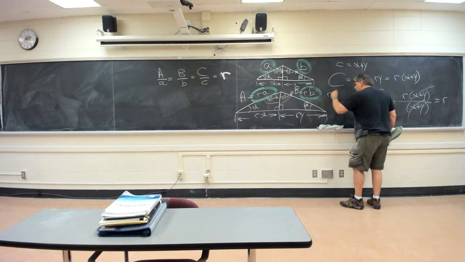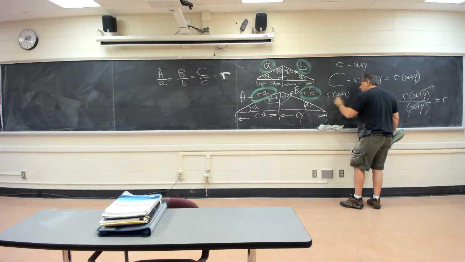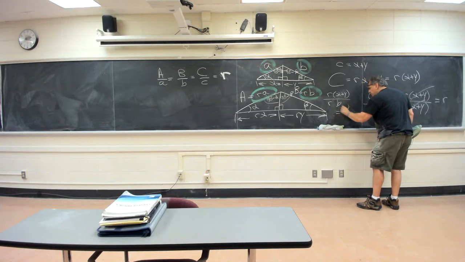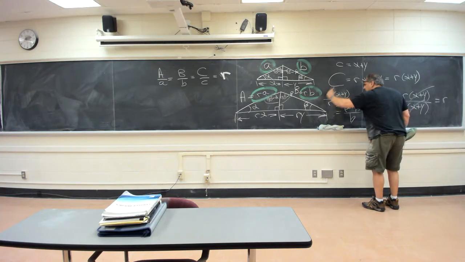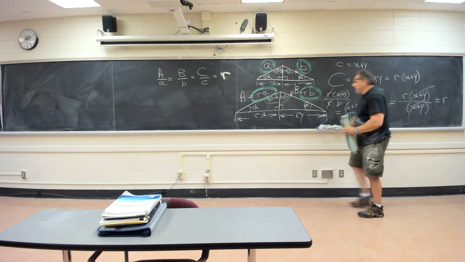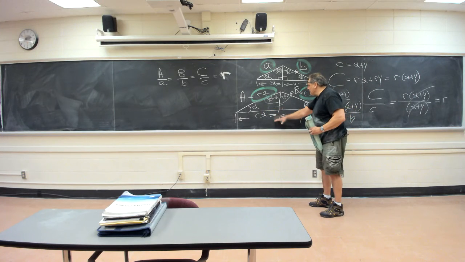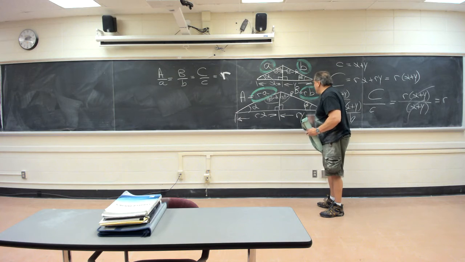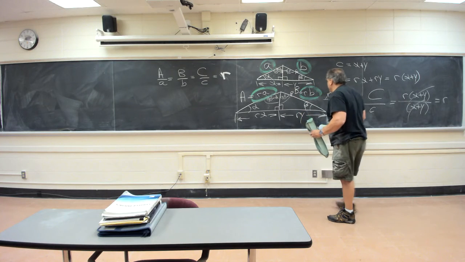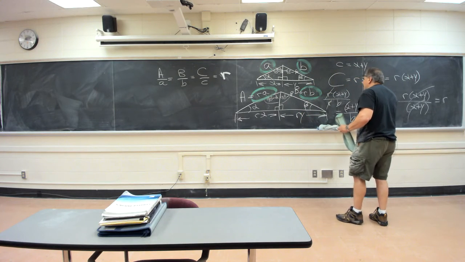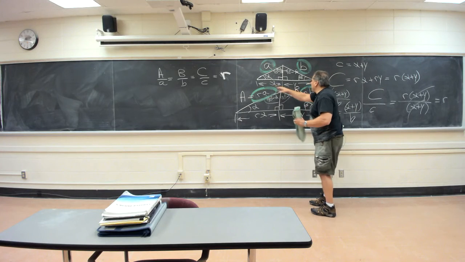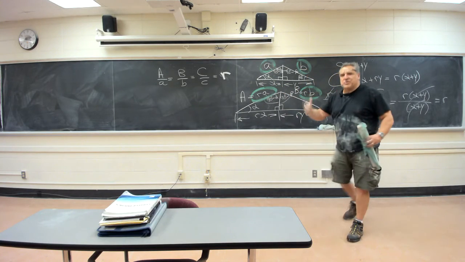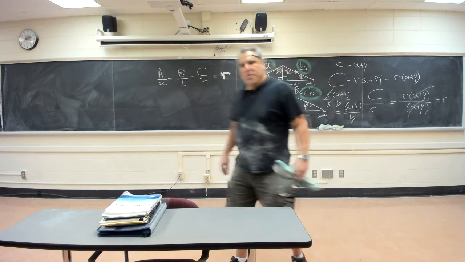Well, that is just x plus y over B. The R's cancel. Well, wait a minute. This whole thing, R times the quantity x plus y divided by RB, is the quantity x plus y over B. So all these correspondences hold when you want to do something like that.